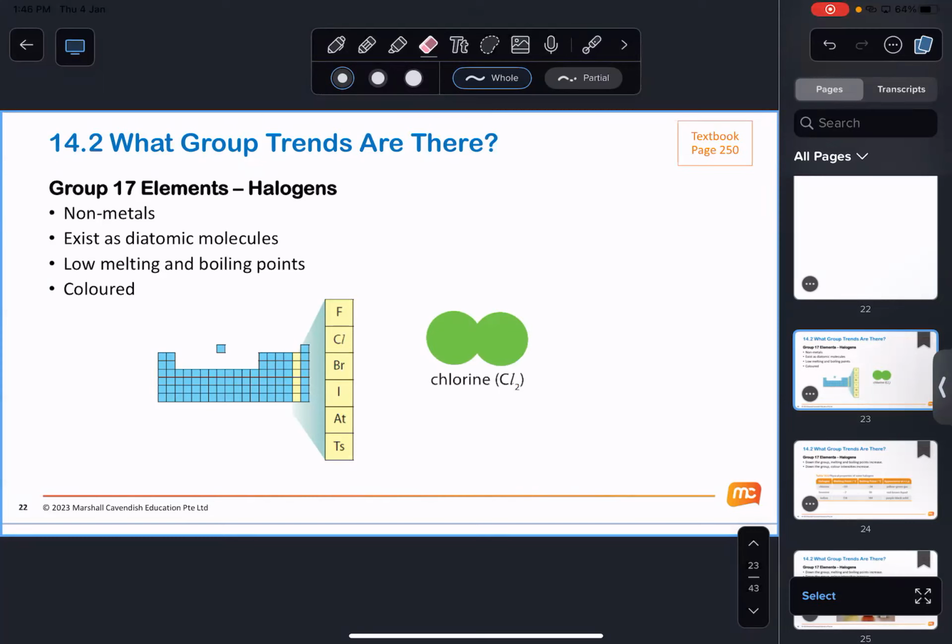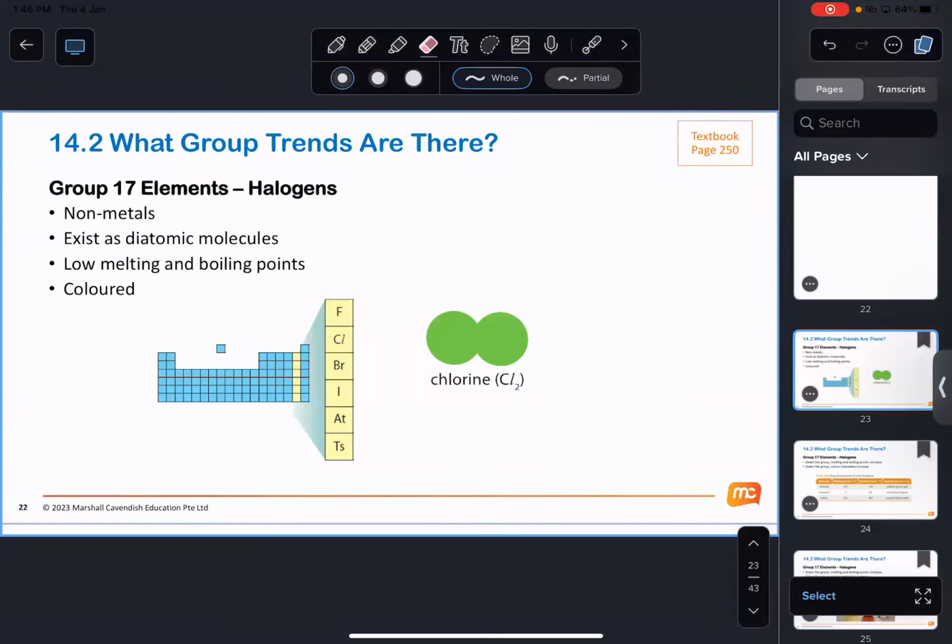Why low melting and boiling point? Don't tell me it's a gas. Simple molecular structure. So what? Weak intermolecular forces of attraction between molecules.